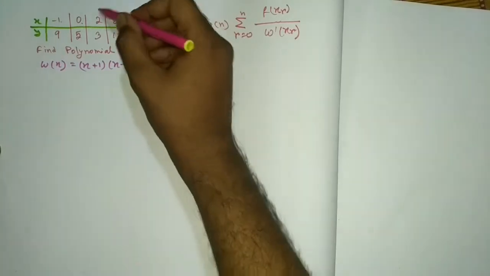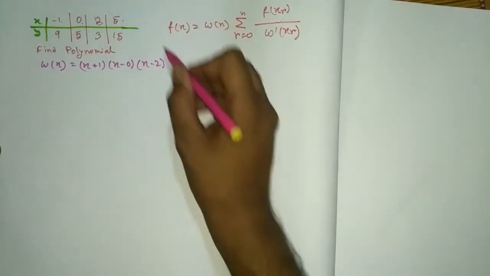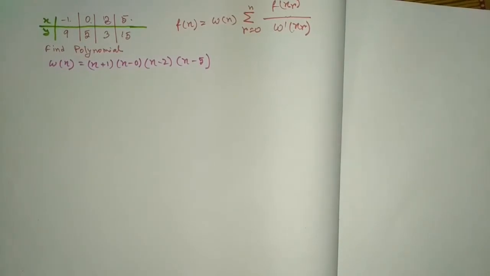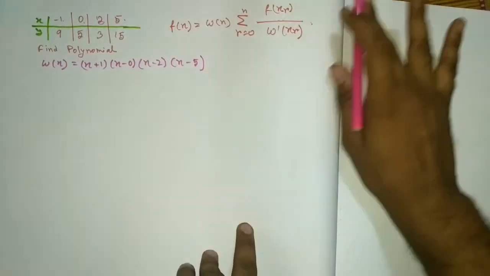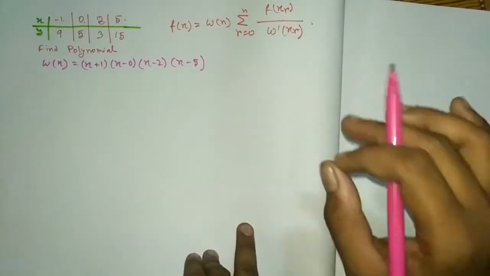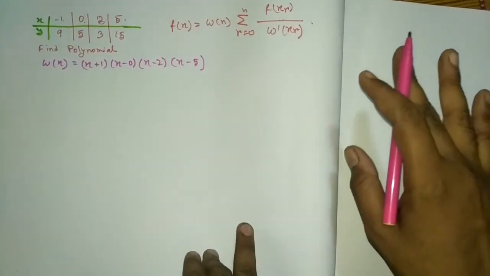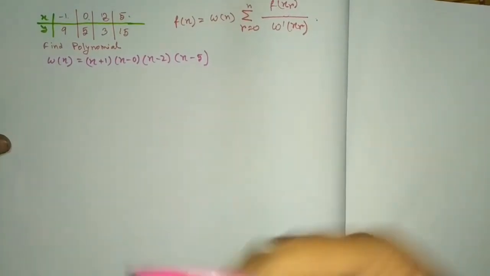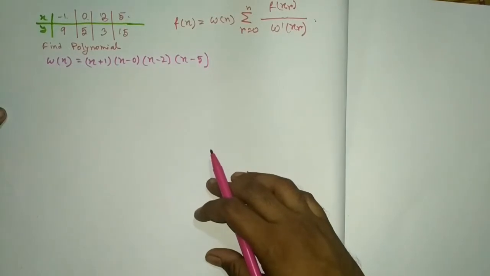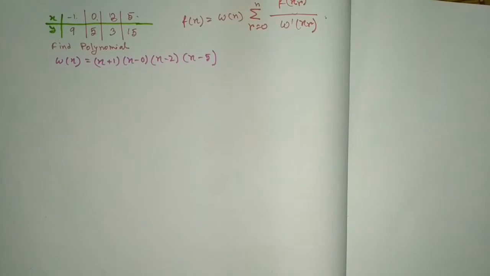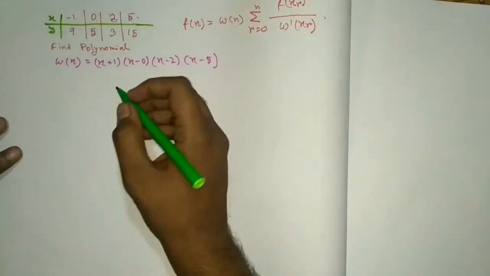w(x) will be x minus the first x value, x minus minus 1, into the second x value, x minus 0, then x minus 2, then x minus 5. Now this is the w(x). I hope you understand it. Just subtract the given x values from x and multiply them, and we will get w(x).